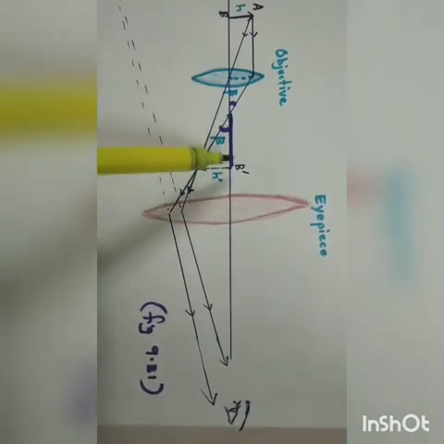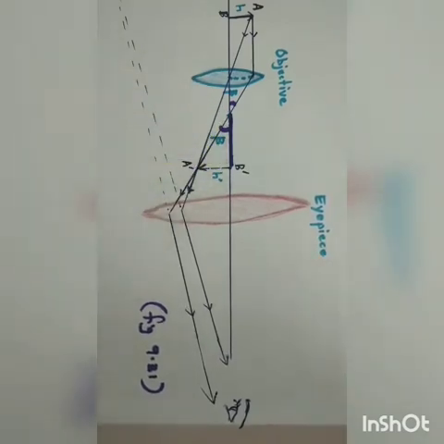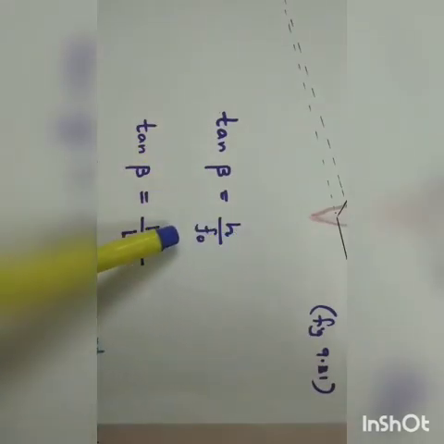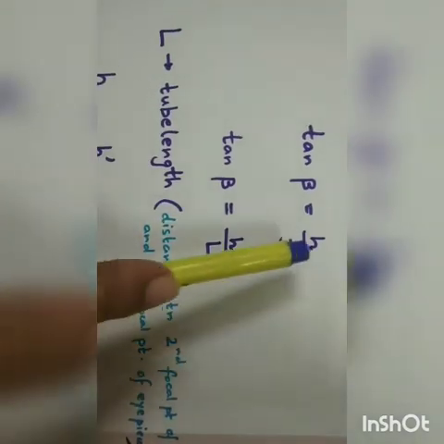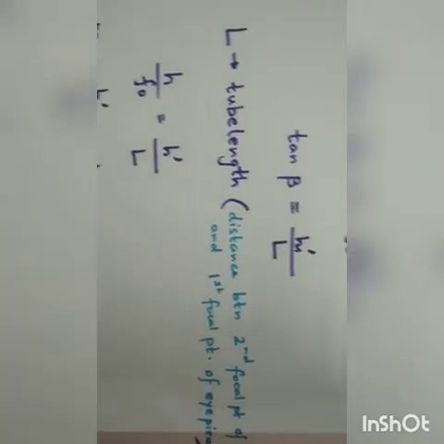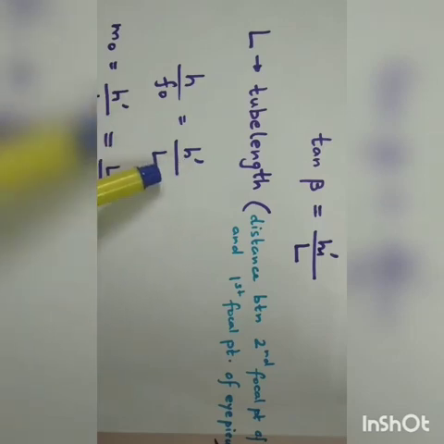This is the first focal point of the eyepiece. The distance between these two is called the tube length. This distance. Okay, clear? So we are going to equate the two values of tan beta. One, tan beta is h by FO, and again tan beta is h dash by L, where L is the tube length. Equating these two, h by FO is equal to h dash by L.